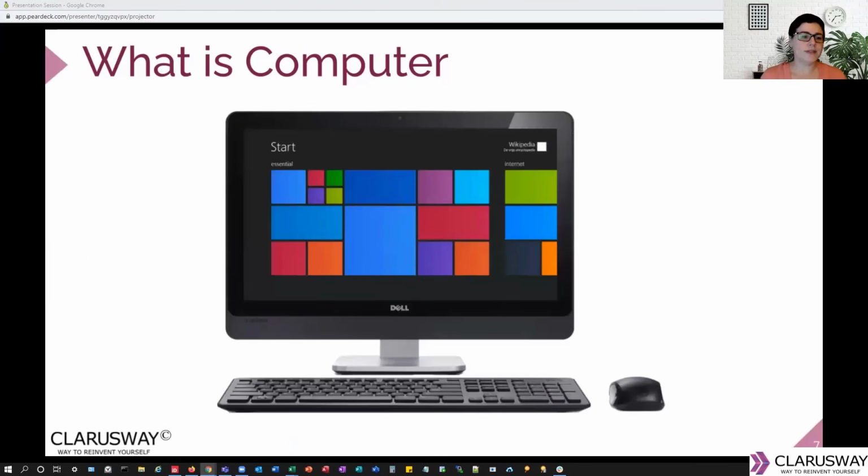Okay, so what is a computer? Basically, computers are everywhere, but it's not just desktops and laptops anymore, which were the conventional thing you thought of when somebody said a computer. Now we have tablets, cell phones, watches, and so much more that perform functions that we consider typical computer functions.